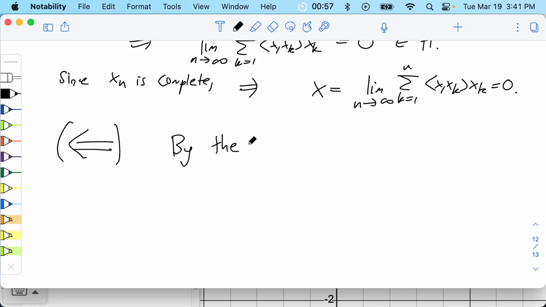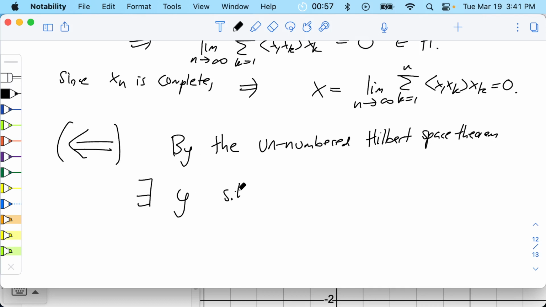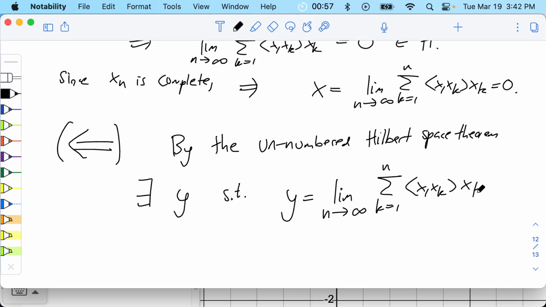It's important we're in a Hilbert space. By the numbered Hilbert space theorem, there exists some y such that y is the limit in the Hilbert space as n goes to infinity of the sum from k equals 1 to n of ⟨x, xk⟩xk.